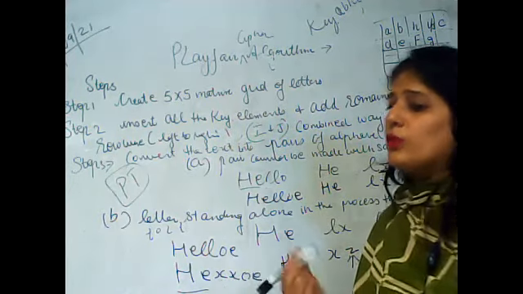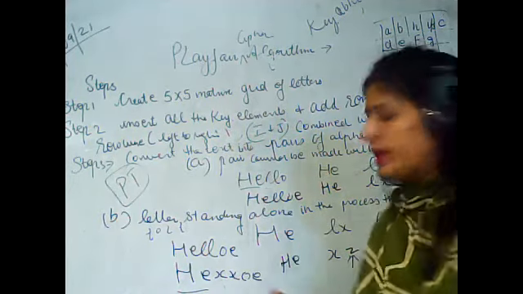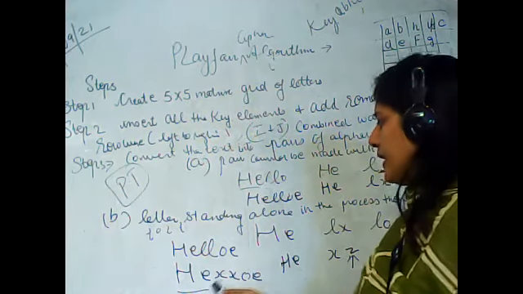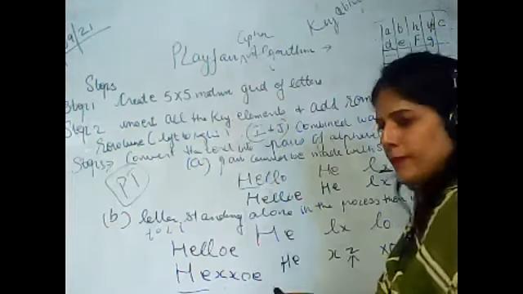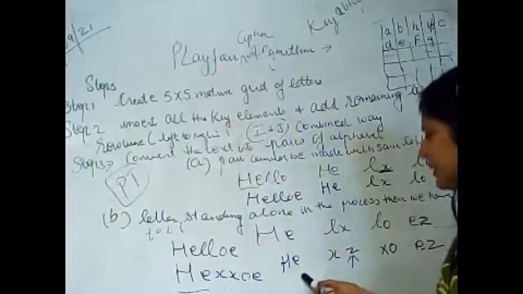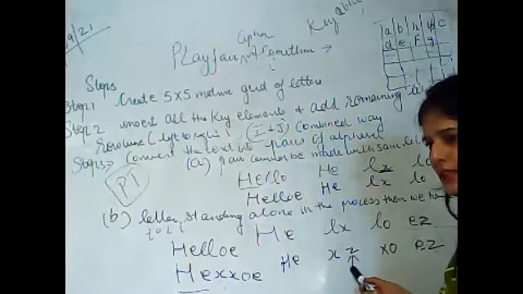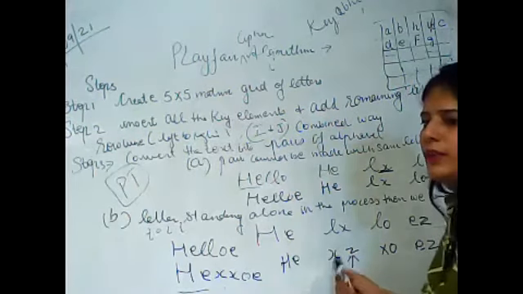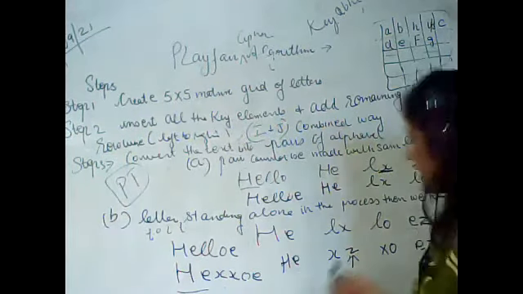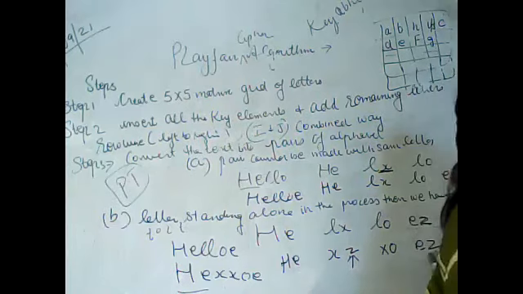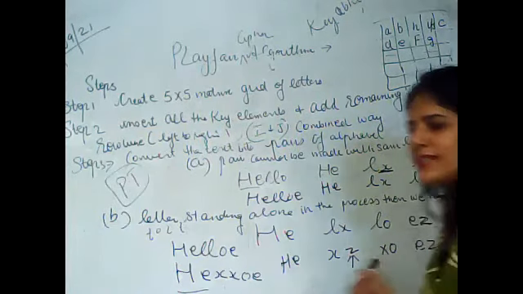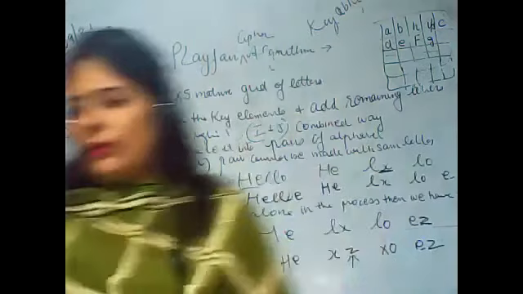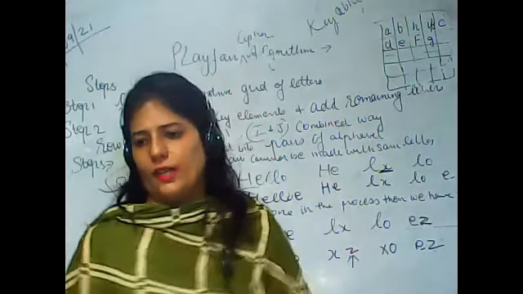But let's suppose there could be a situation where we are having 2 Xs, like here, HEXXOE. So we are writing like this: HEXZ. Okay. Now we don't include that X here because we already have this particular value of X. XZ, XO, and EZ. So EZ is the last single alphabet that is left.